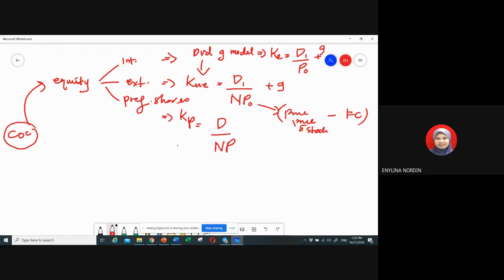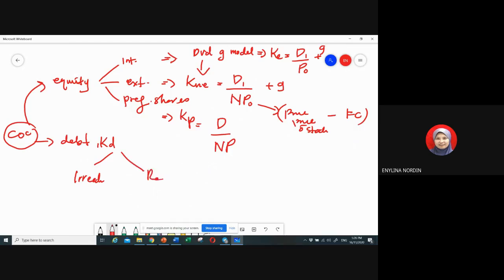When it comes to the debt, the cost of debt will be the KD. It depends on the types of debts, whether it's irredeemable, like I said just now, or redeemable.